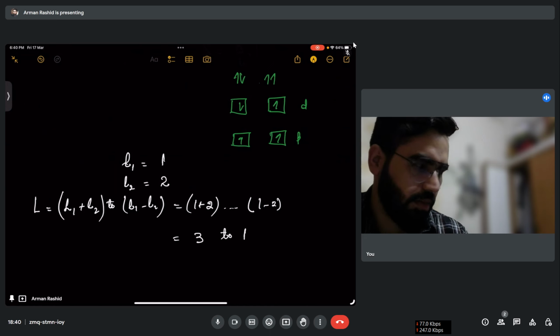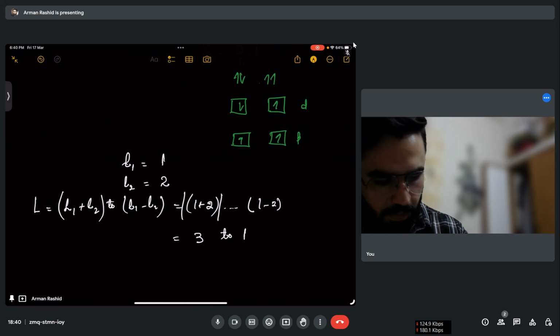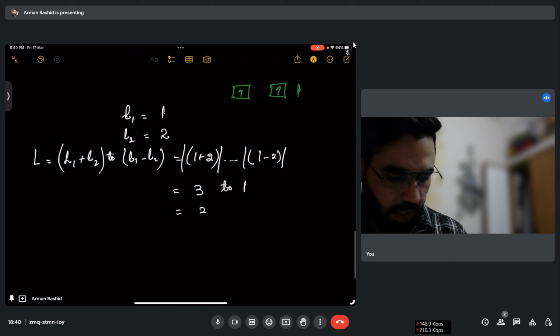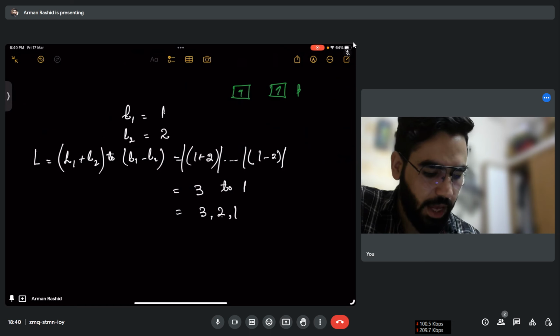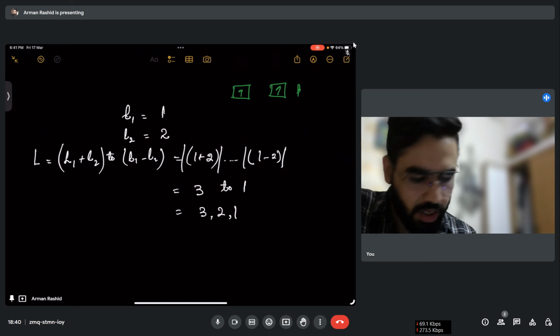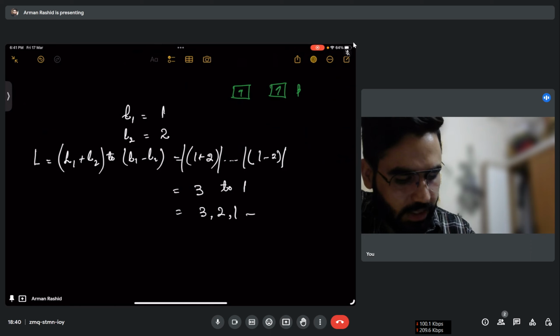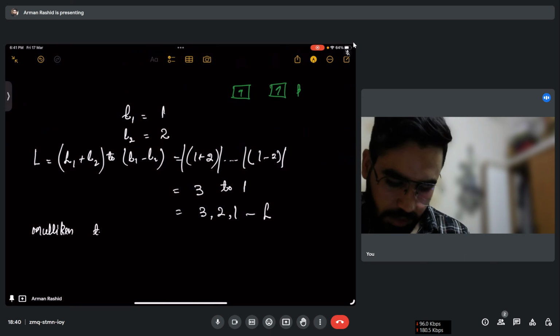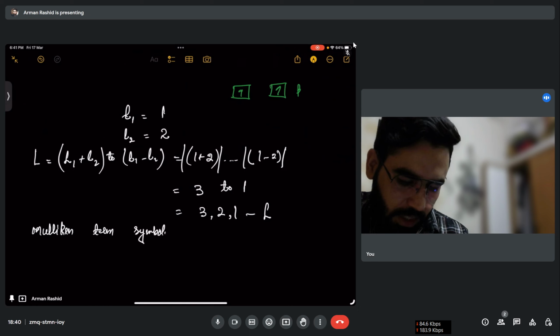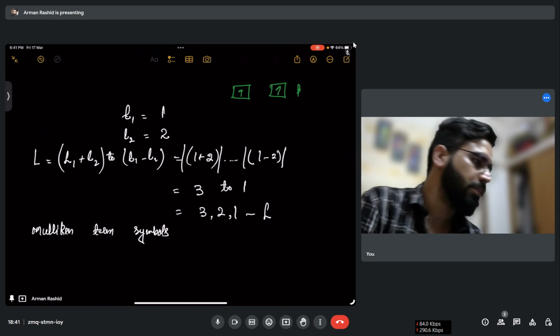This has to be positive. So we have 3, 2, 1, that means 3 configurations are possible, which have L equal to 1, 2 and 3. Now corresponding to each of these L, we represent them as Mulliken term symbols.